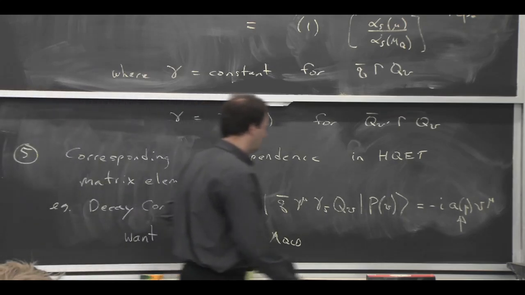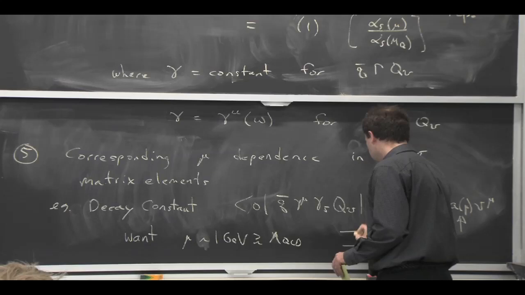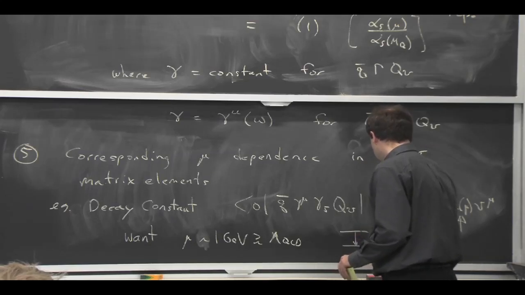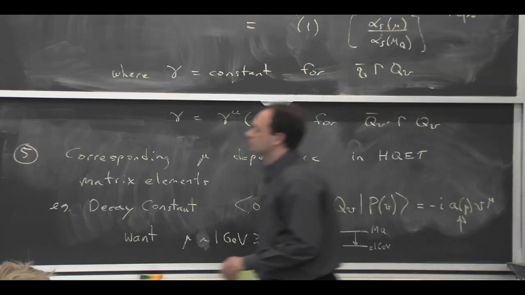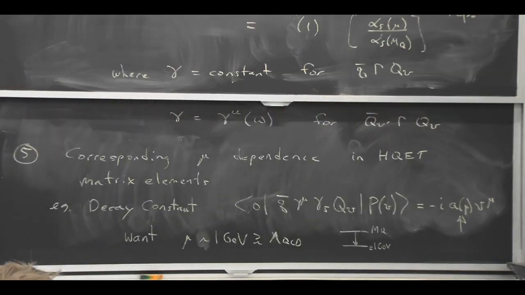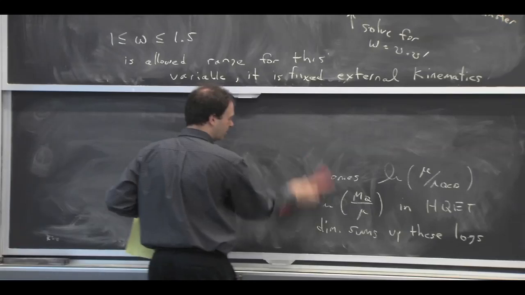Okay, so that's how the renormalization group evolution story would be. You don't want to run all the way down to Lambda QCD because the anomalous dimension has to remain perturbative. So you decide what your cutoff is for where you think perturbation theory is still valid.